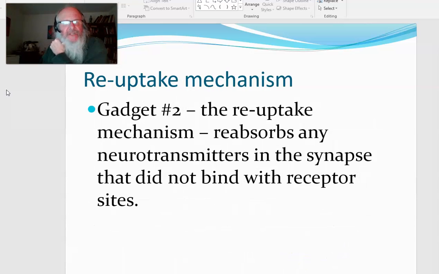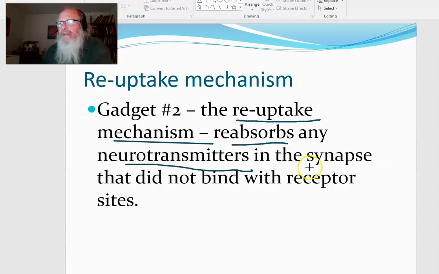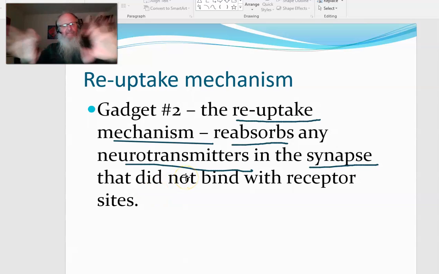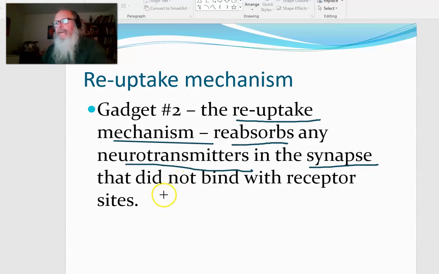Earlier, we talked about the submachines in the neuron. At the end of it, we said we're going to talk about three different gadgets that are subcomponents of the neuron. So the second one is the reuptake mechanism. The reuptake mechanism reabsorbs any neurotransmitter chemicals that are in the synapse after the action potential says spit these neurotransmitter chemicals out.